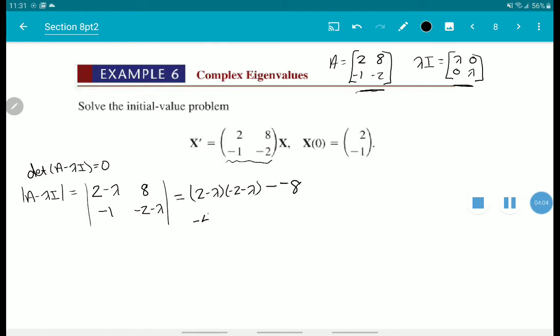This is going to be negative 4 minus 2 lambda plus 2 lambda plus lambda squared plus 8. And we want to set this equal to 0. This is called the characteristic equation. Those cancel. So in this case, lambda equals plus and minus 2i.